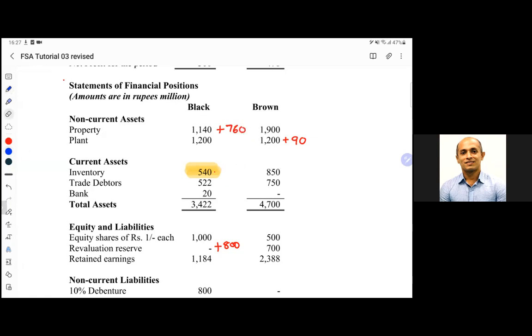This is at old price. This is not at current price.